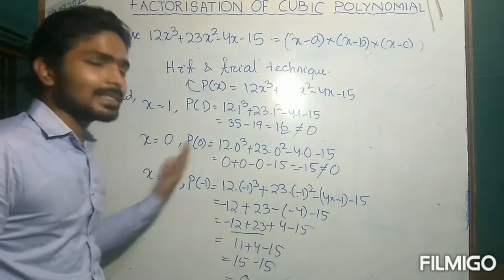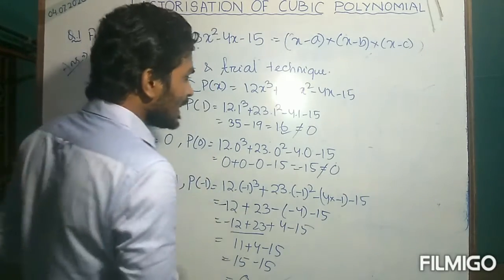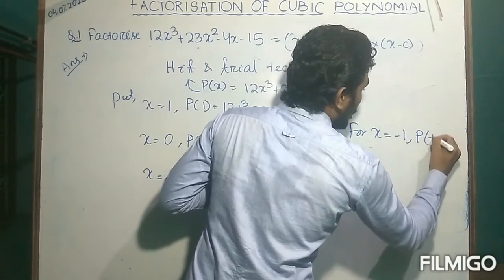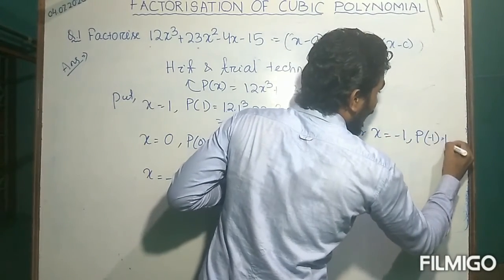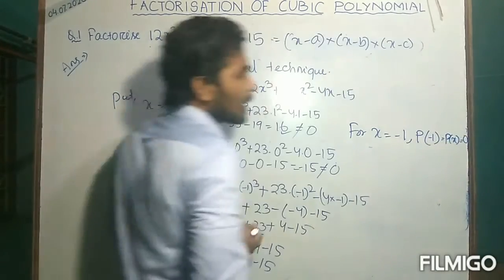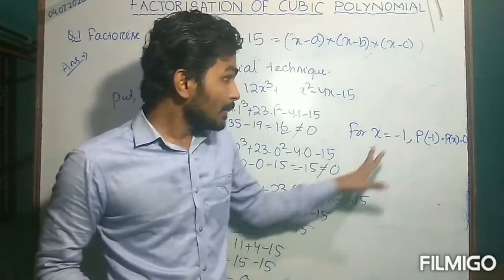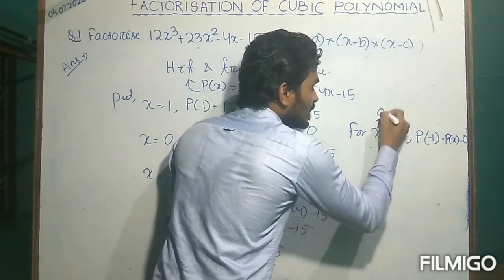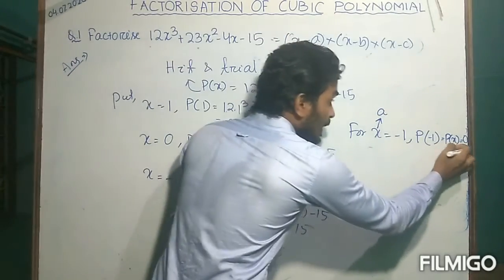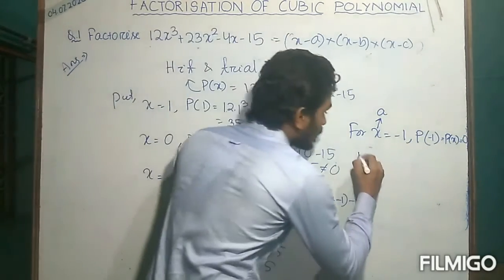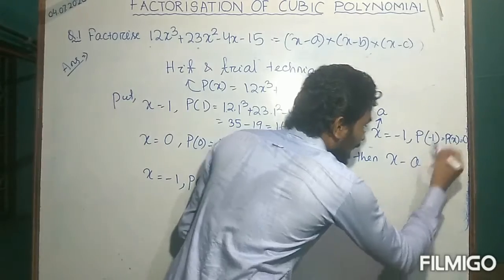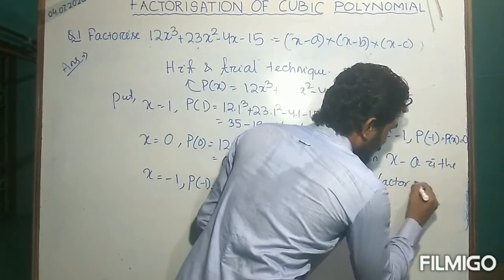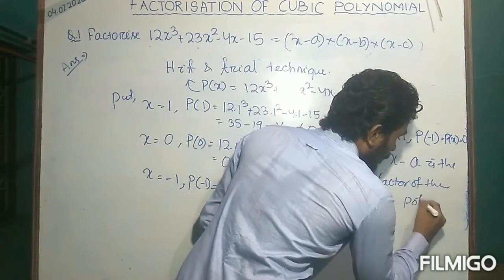For which value of x? For x is equal to minus 1. So we can write, for x is equal to minus 1, p of minus 1, or you can say p of x, is equal to 0. So according to the remainder theorem, if p of a is equal to 0, then x minus a is a factor of the polynomial.